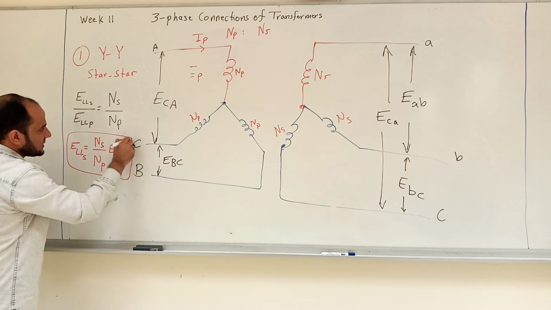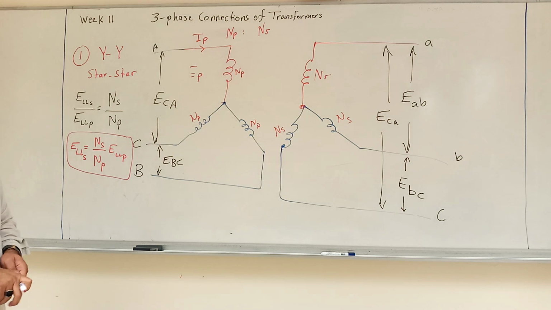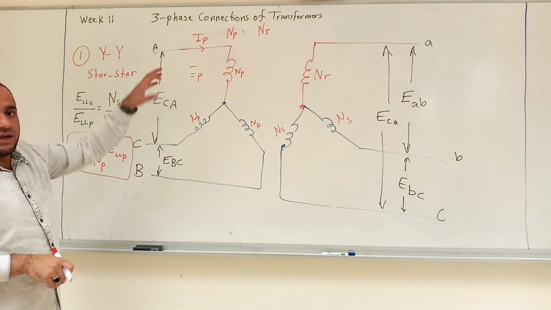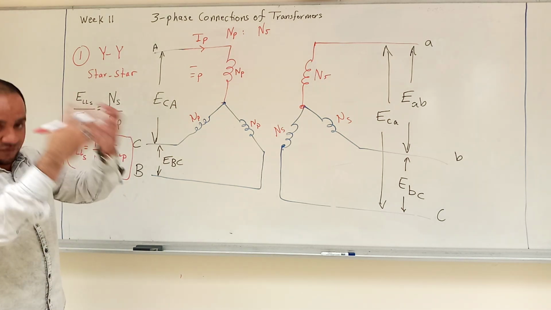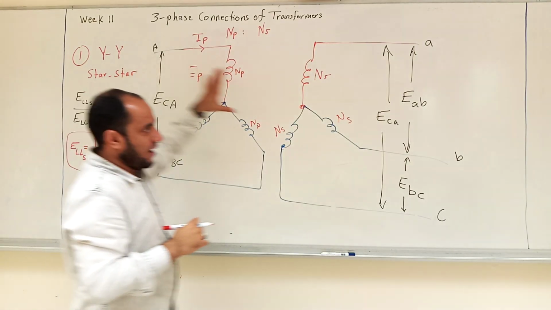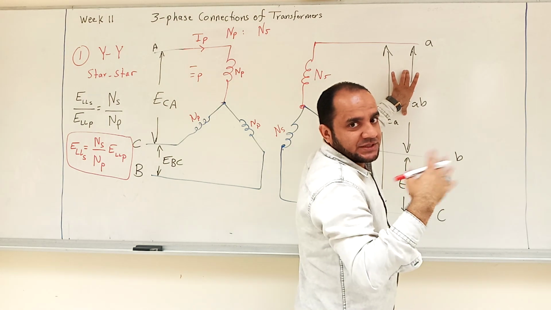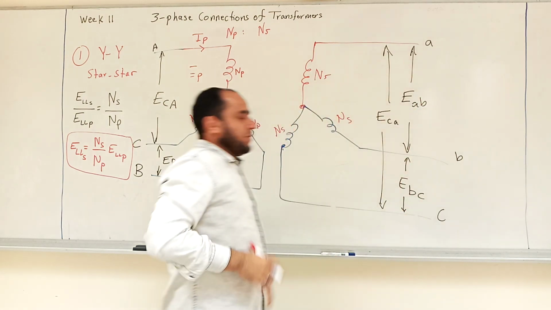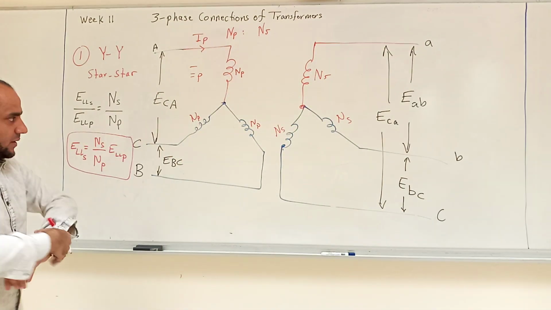That's the equation. And because it's a Y to Y connection, there will be no phase shift between this voltage and that voltage. There is no phase difference between them, right? Because it's a Y to Y connection.